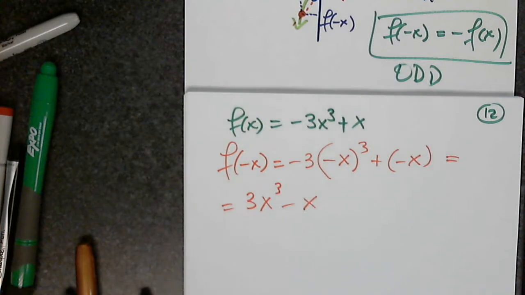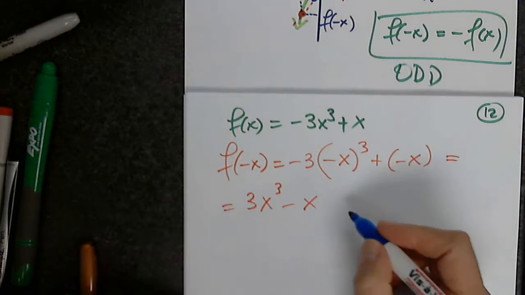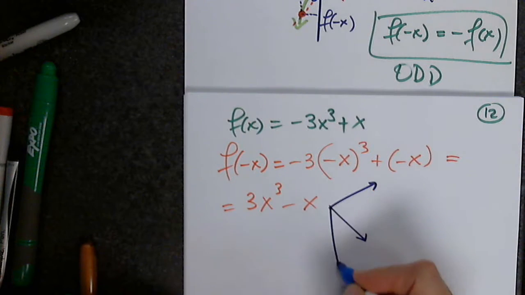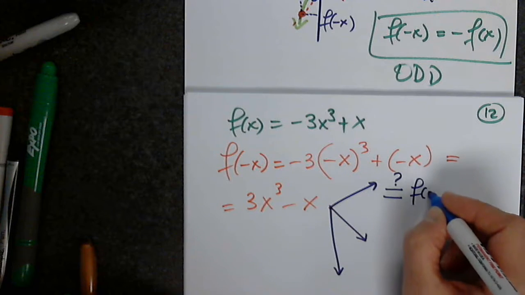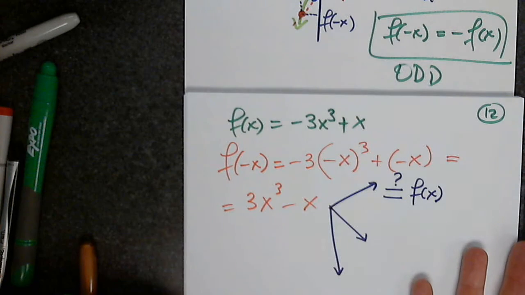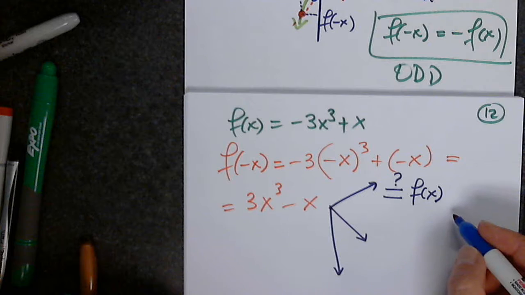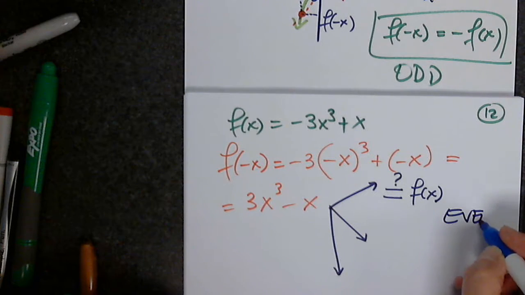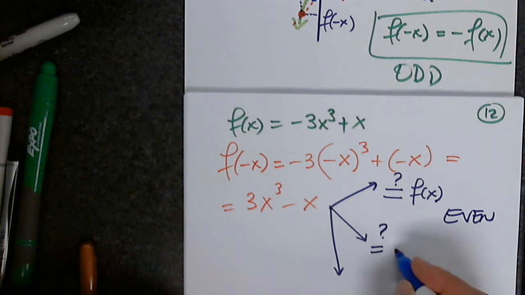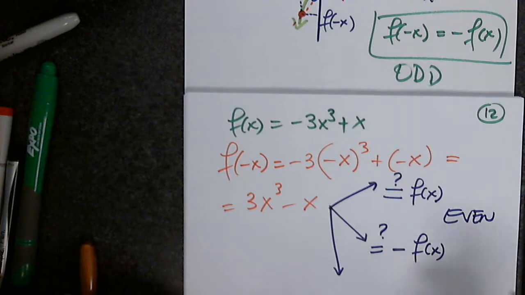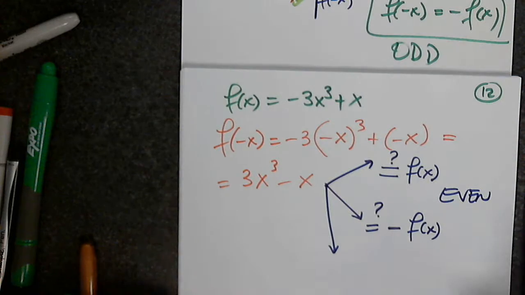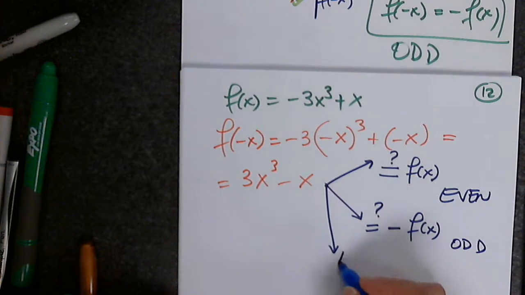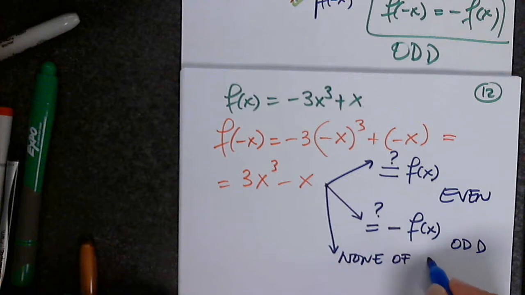At this point, I have 3 questions that I'm asking myself. Question number 1: does this equal the original function? If the answer is yes, then I will say the function is even. Does this equal the opposite of f of x? If the answer is yes, then this would be odd, or none of the above.